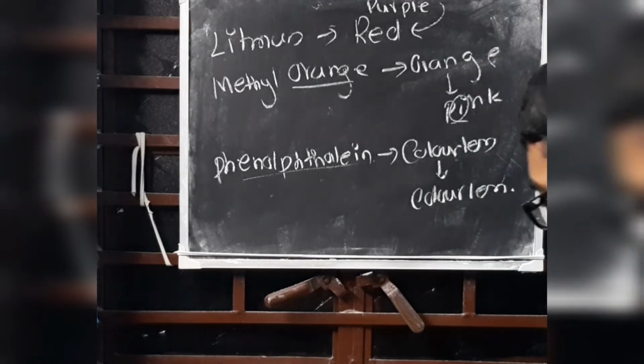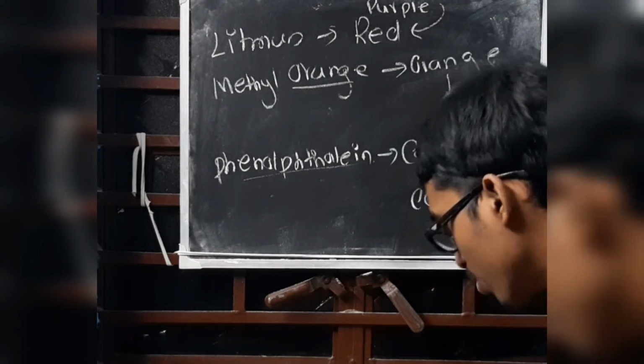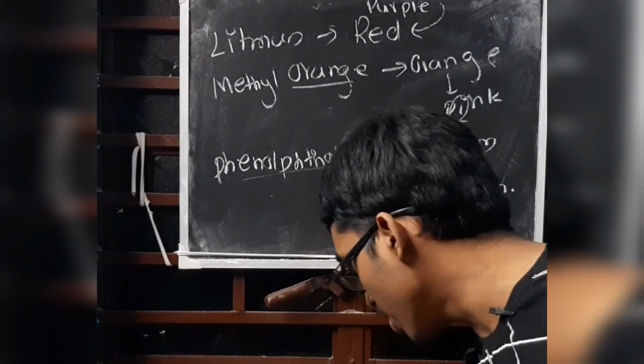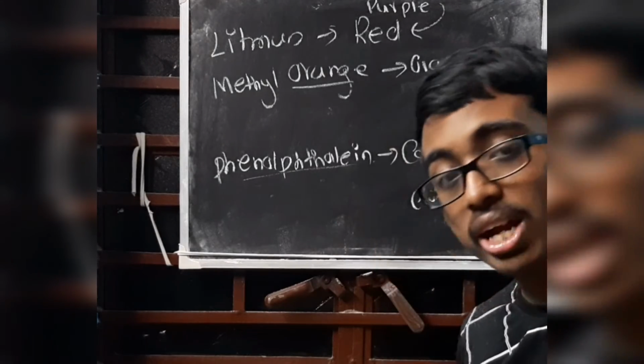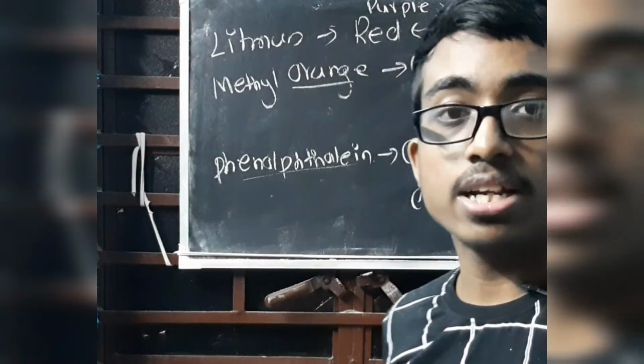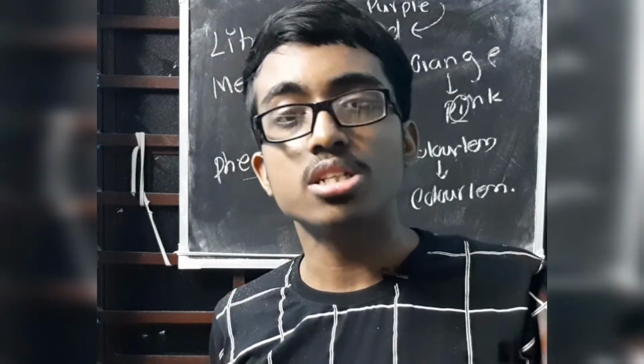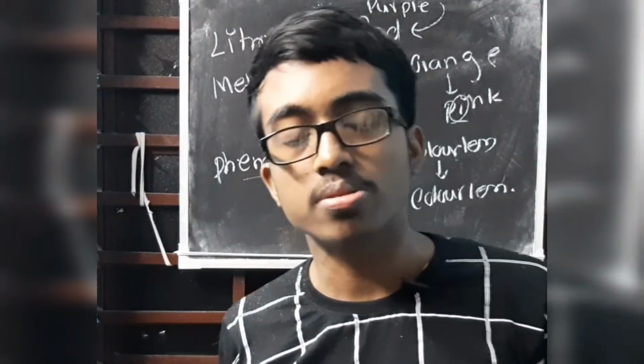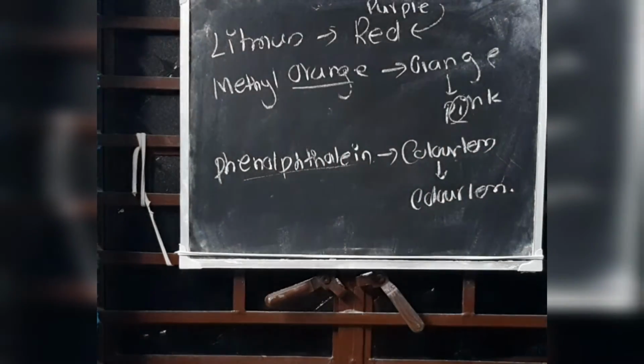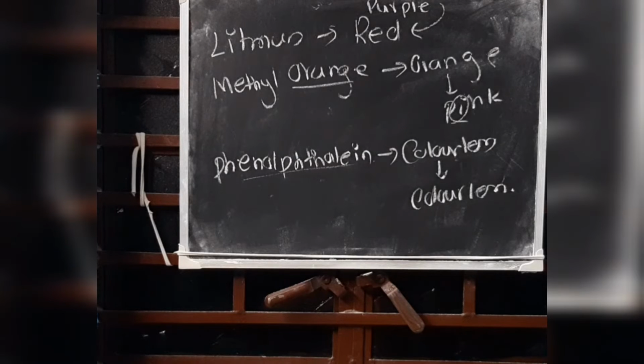So these are the four indicators that you need to read. Another type of indicator as mentioned in your book is the olfactory indicator. Olfactory means something that changes its smell in acidic or basic media. Clove oil, onion, all these smells can change. Clear? Okay.